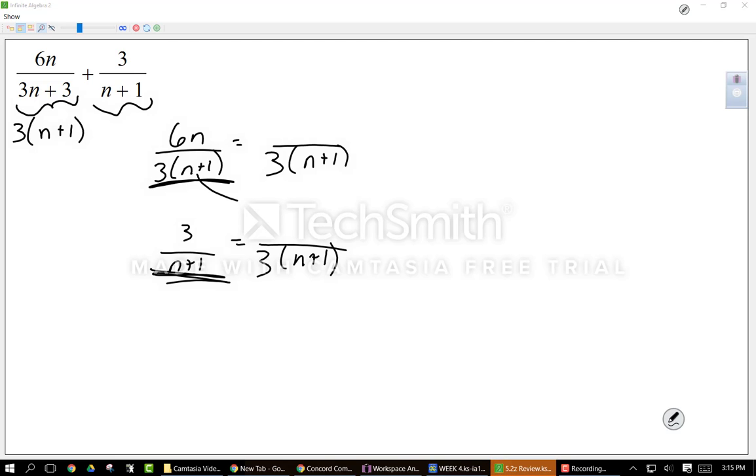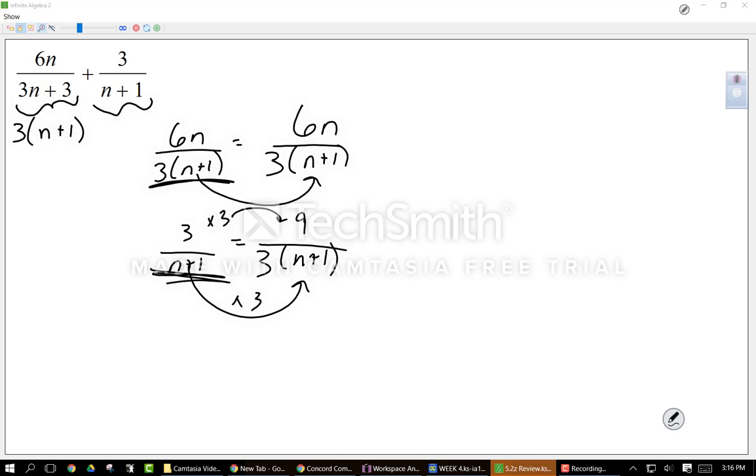Now going from this 3 times n plus 1 to my new denominator, you'll notice that I didn't multiply by anything, so this 6n actually stays the same. From this n plus 1 to that new denominator, that's 3 times n plus 1, you'll notice that I multiplied by 3, so I have to multiply that 3 by 3 to get 9.